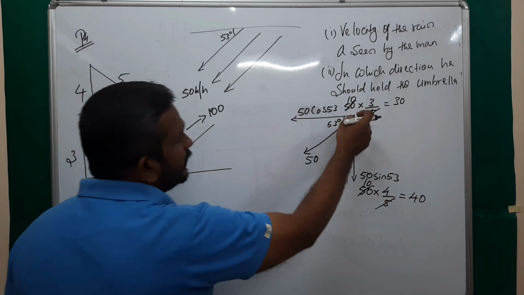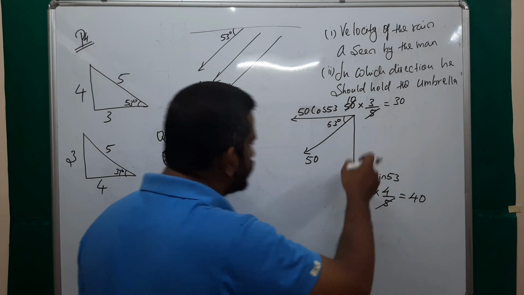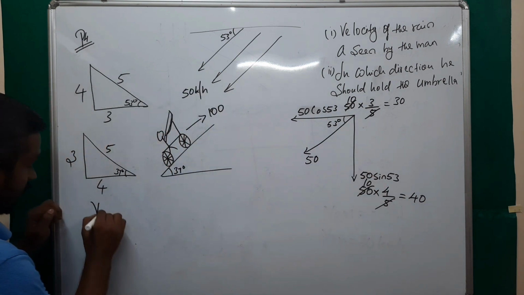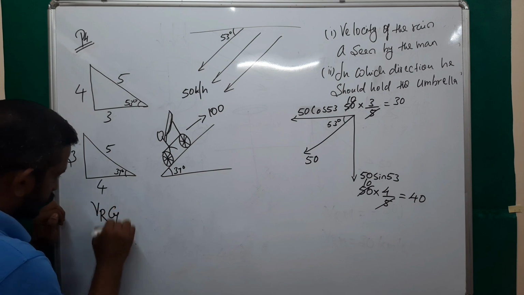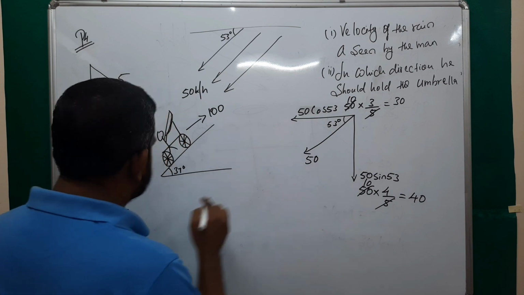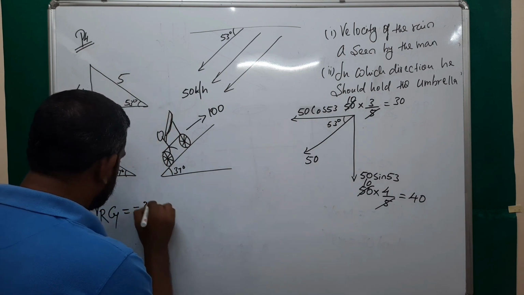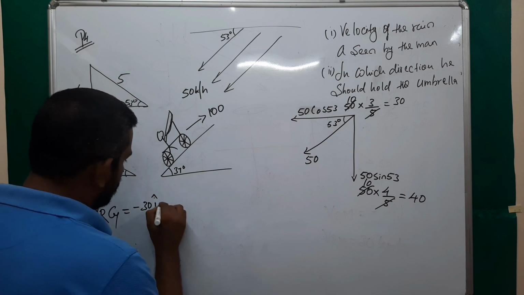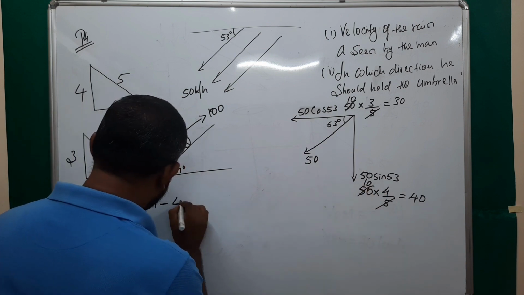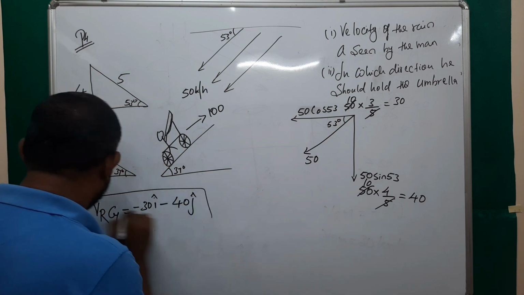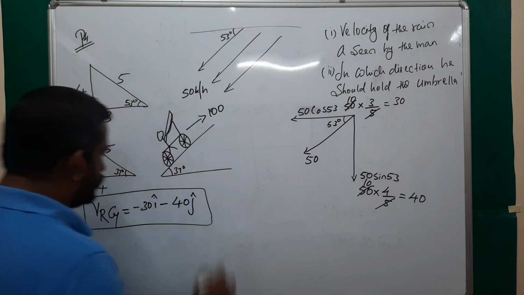This is the negative x-axis, this is the negative y-axis. So we can write the velocity of the rain with respect to the ground is equal to minus 30 i cap minus 40 j cap. Clear?